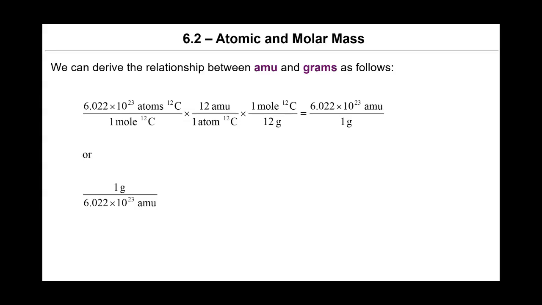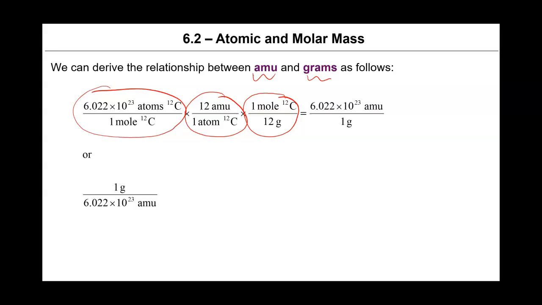One interesting little thing that we can do is to derive the relationship between AMU and grams. So for example, I know that there are an Avogadro's number of carbon-12 atoms in 1 mole of carbon-12. I also know that there are 12 AMUs for every 1 atom of carbon-12. And I know that in 1 mole of carbon-12 atoms, there is 12 grams of carbon-12.